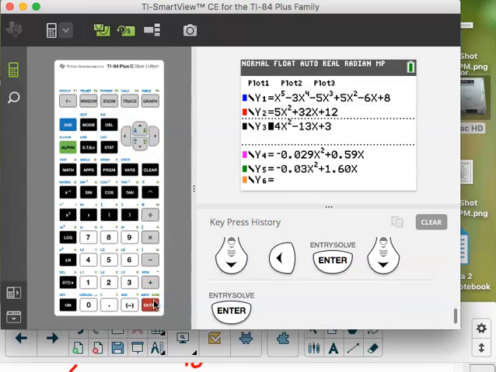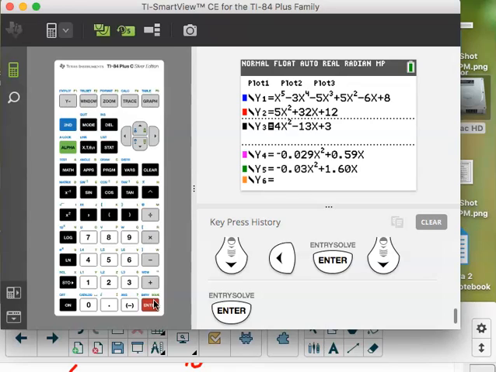4x squared minus 13x plus 3. Now, how do I get to see the parabola? What should I hit? If you want to see the graph, what buttons should you push?